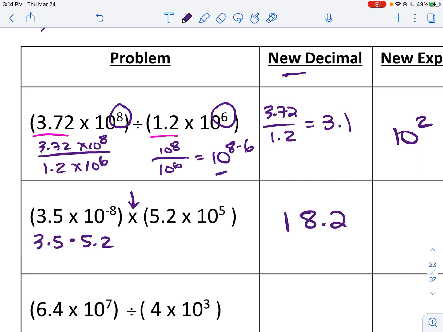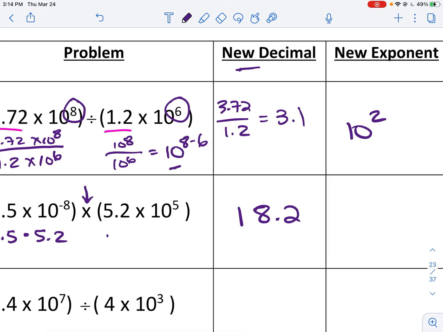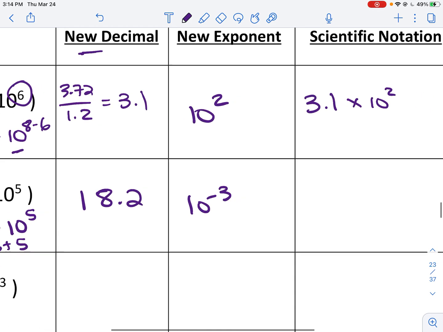Now, to get the new exponent, I have 10 to the negative 8 times 10 to the 5th. So when I do this, I add the exponents. So negative 8 plus 5 will get negative 3.